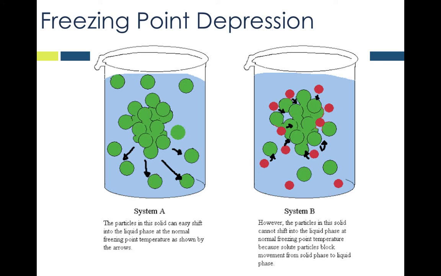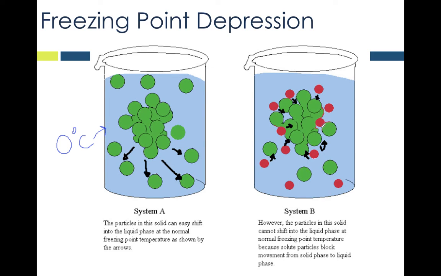All right, so looking at this picture, once again, I want to emphasize freezing point depression means we're lowering the freezing point, which means that normal water, for example, might have a freezing point of 0 degrees Celsius. So let's say the beaker on the left has a freezing point of 0 degrees Celsius.